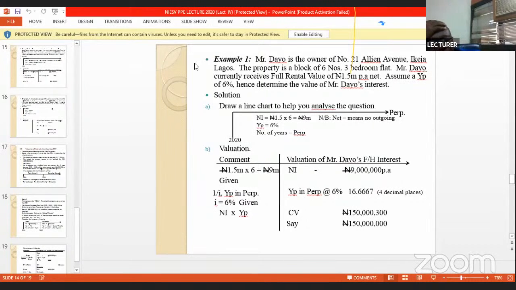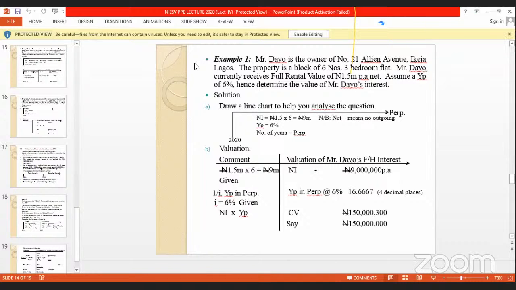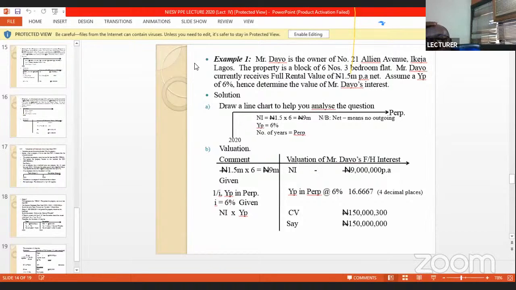Please, I hope you are listening. It is very important. Yes, sir, we are listening. It is very important. You will see that behind the 9 million naira, I wrote per annum. And that goes to confirm that the rent you must use in valuation is 1 year rent.